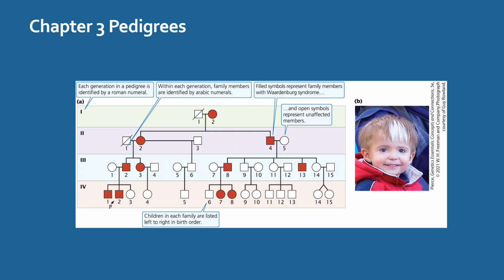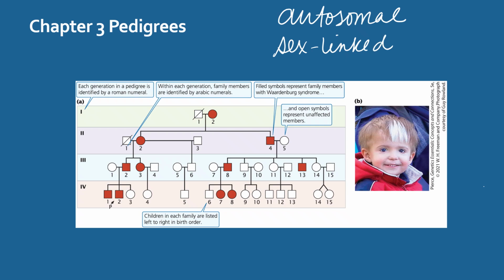And there are a couple of different patterns that we can look at. One is to look at whether the trait is autosomal, meaning it is one located on one of our autosomes, or sex-linked, meaning that it is located on the X or Y chromosome, although generally we are talking about traits on the X chromosome.